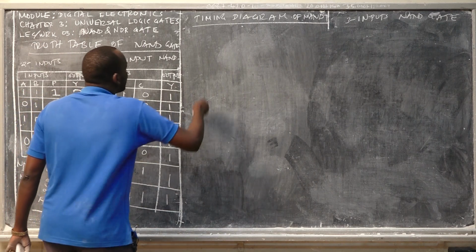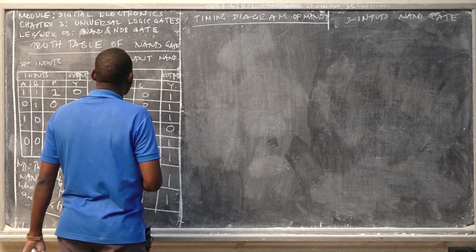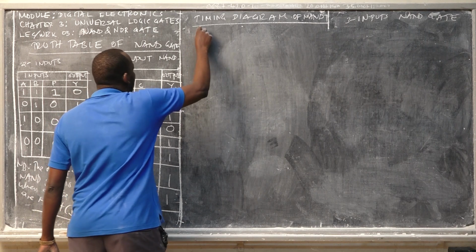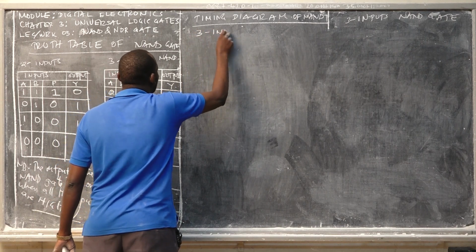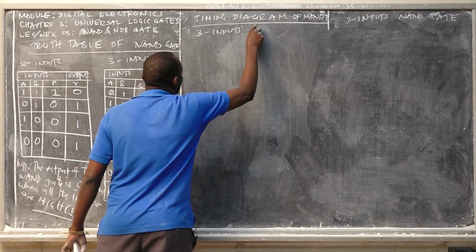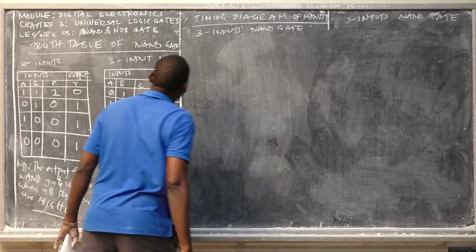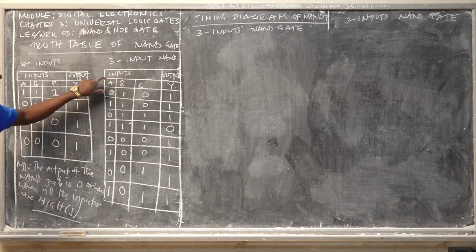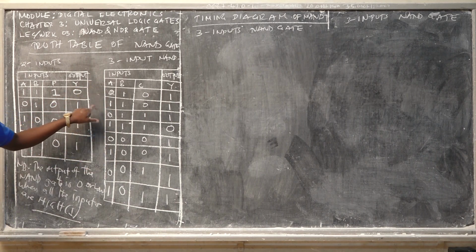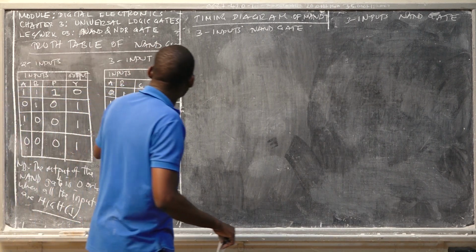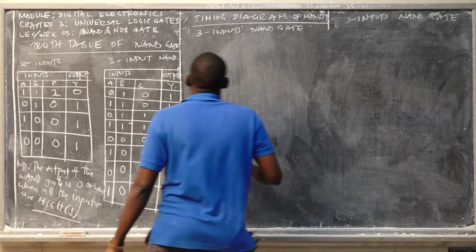Okay. So then let us draw the timing diagrams of this 3 inputs NAND gate. So let us start with input A. Stop writing, stop drawing, please. Let us draw together. I want you to be competent in drawing timing diagrams.